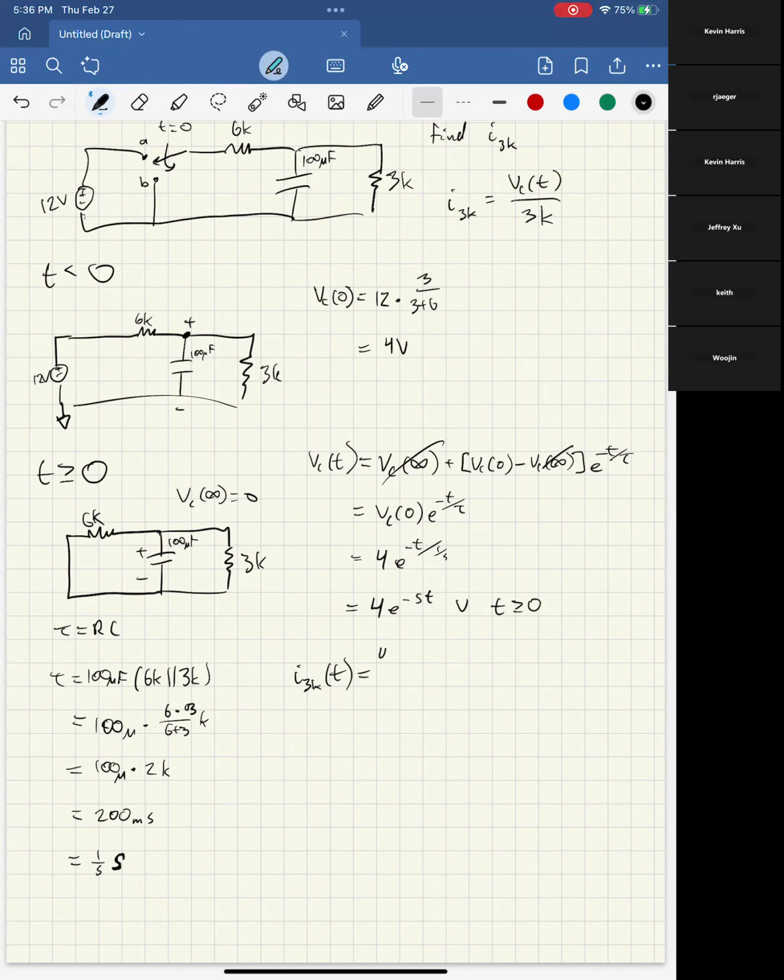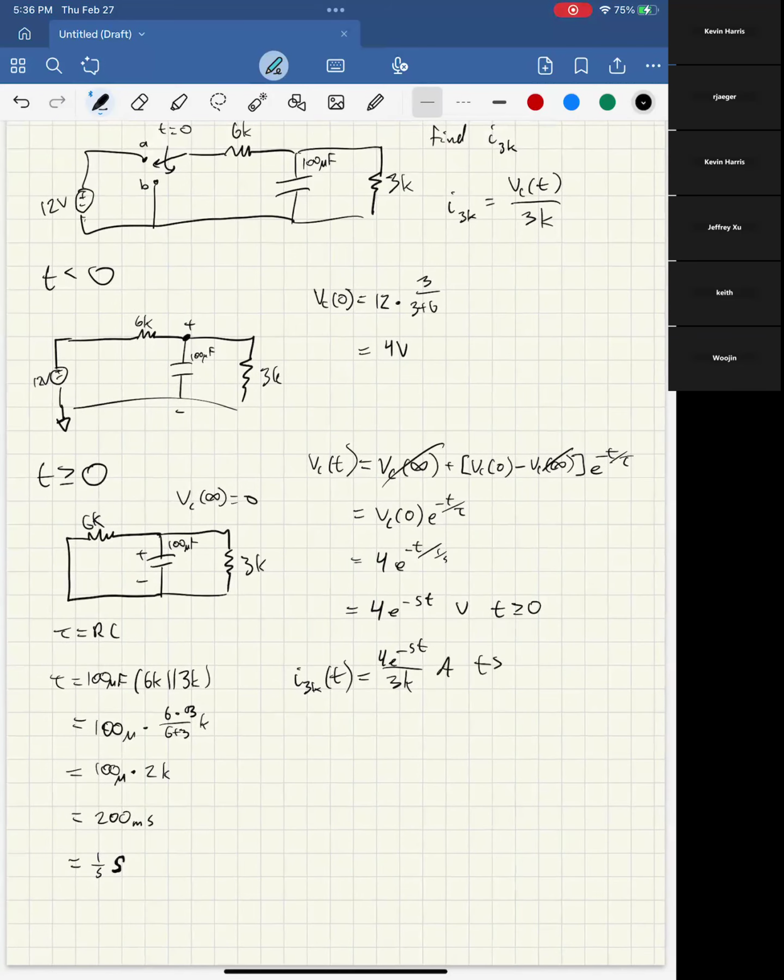So we get 4e to the minus 5t over 3000, or 3K. If you left it as 3K, if I was grading a quiz and I saw this, I'd be happy with that as a final answer, assuming you wrote amps, t greater than or equal to 0.